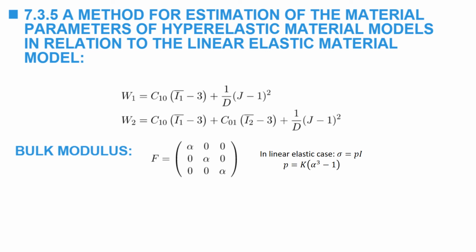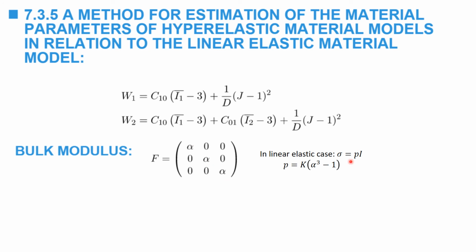For the compressible material energy functions, we need to find a relationship between this material constant D and the bulk modulus K. In order to do this, we're going to assume a deformation gradient that's equal to alpha multiplied by the identity matrix.